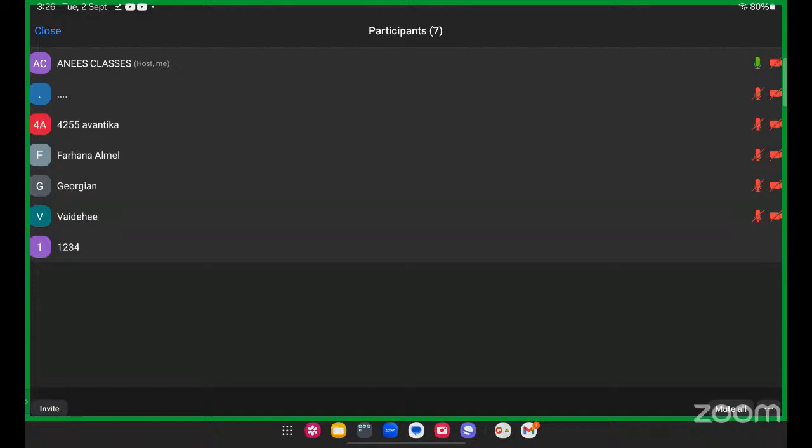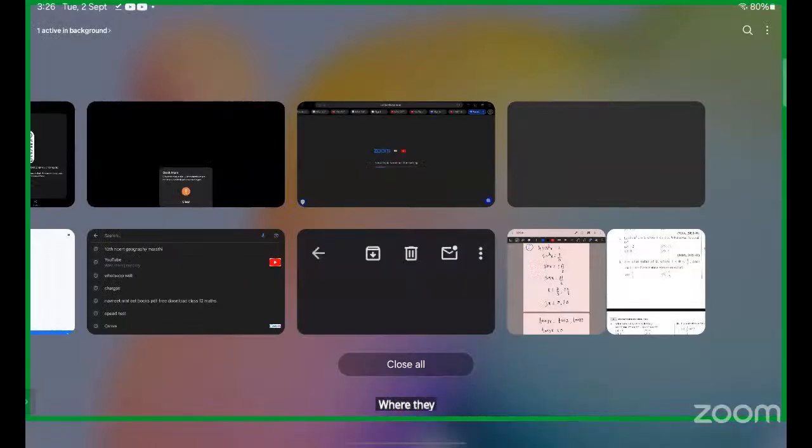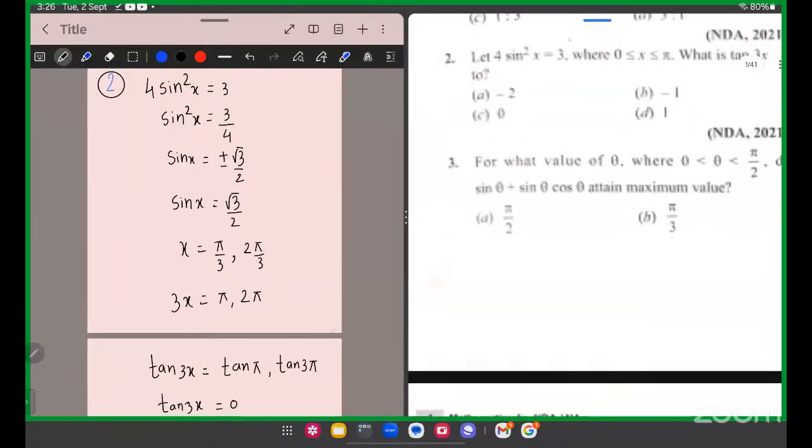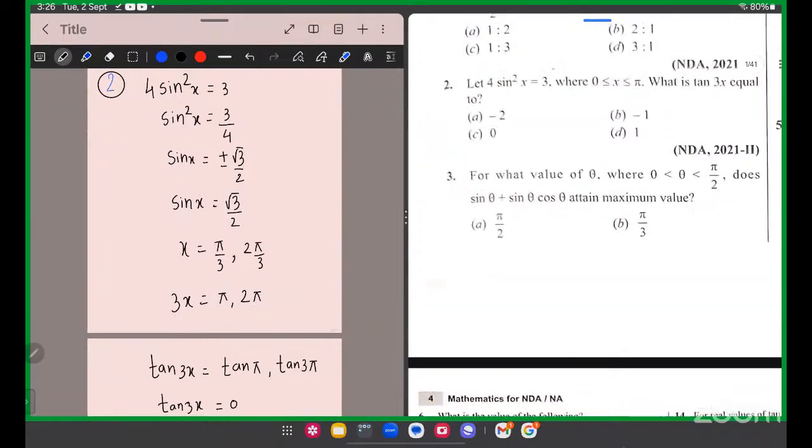Avantika, can you hear me? Vaidehi, are you able to hear me? Yes, sir. Okay. Are you comfortable in English, or shall I speak in Hindi as well? Yes, Vaidehi.